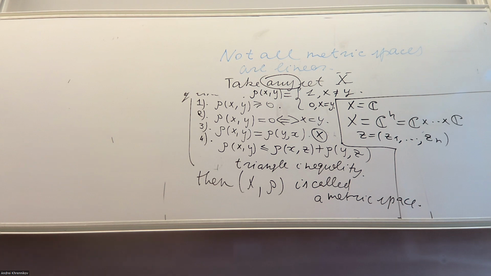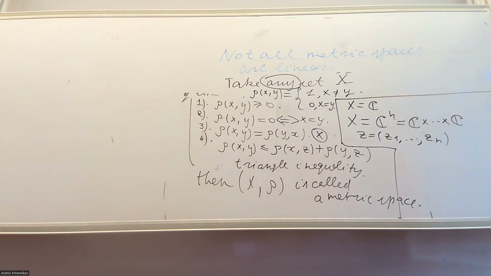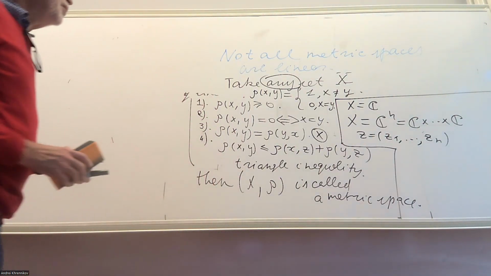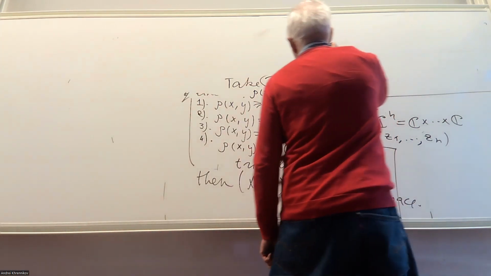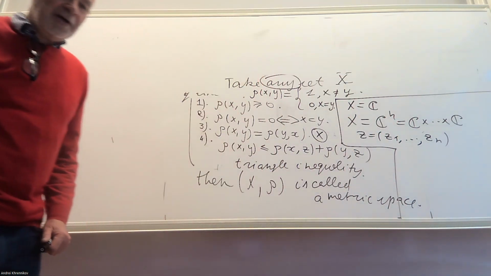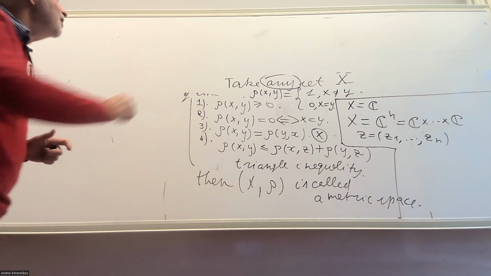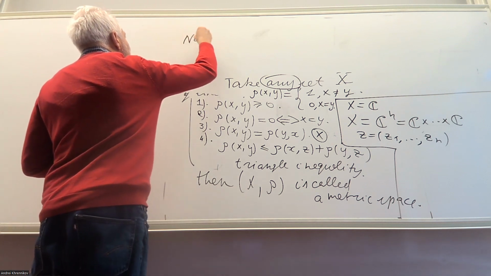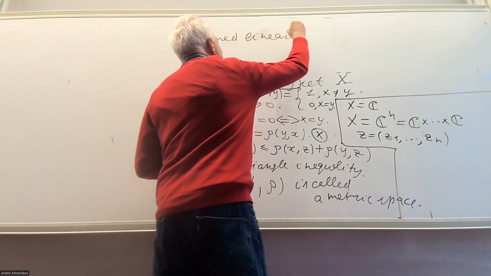But we are not interested in such spaces. Our aim is to go to metric spaces which are also linear spaces. So maybe before going to such linear metric spaces, we make one more remark. Okay, let us write the title: normed linear spaces.